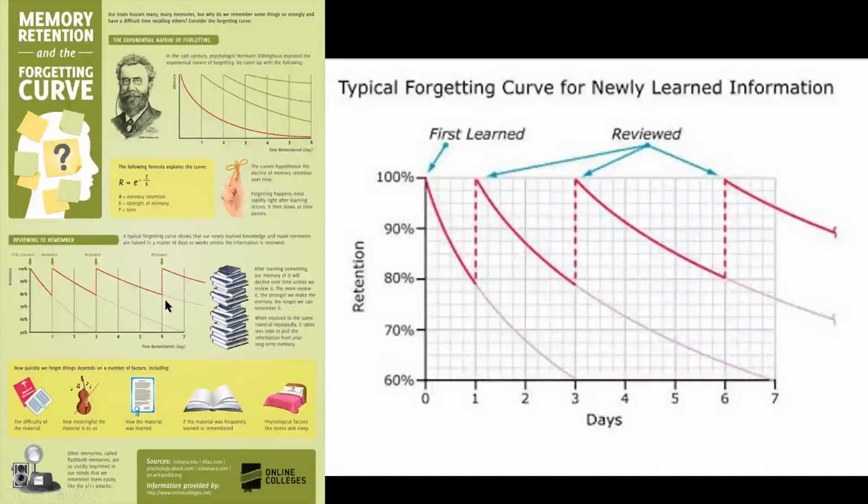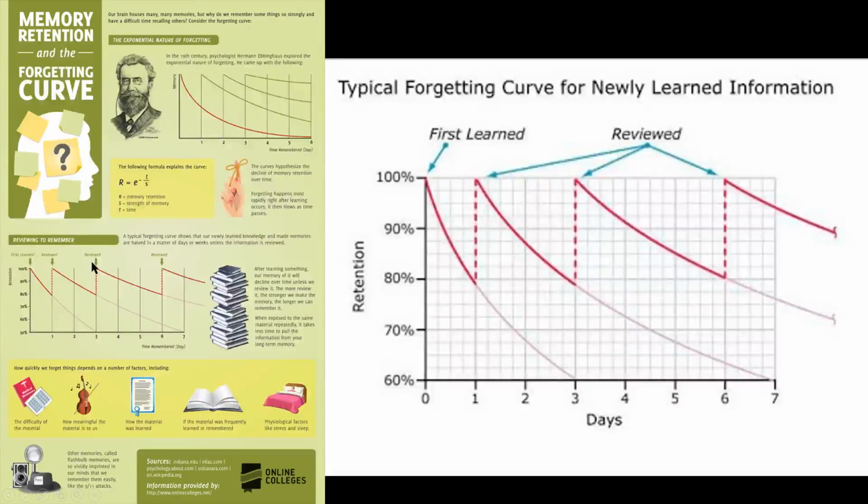But what they did find is that if you regularly reviewed what you'd learned, you could bring it back up to 100, and then it would last slightly longer. So you can see in here that after 1 day, if you did a review, brought yourself back up to 100, you wouldn't drop down to 80 until 2 more days.